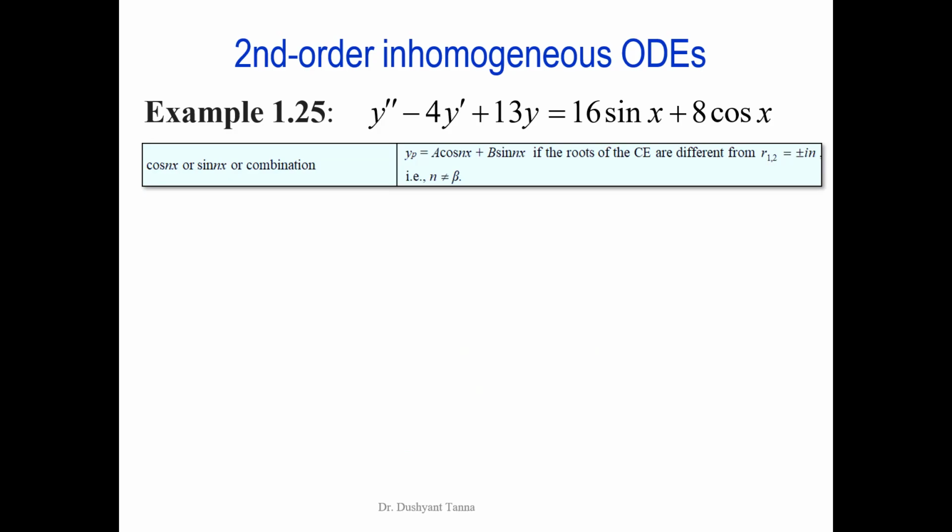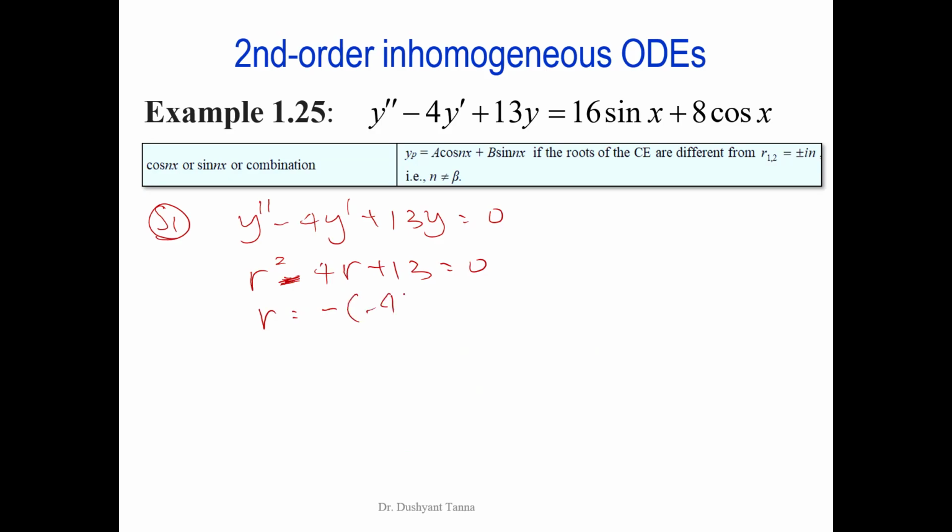Step 1: y double dash minus 4y dash plus 13y is 0. The characteristic equation is r squared minus 4r plus 13 is 0. As you will see, the discriminant is less than 0. So r will be minus b plus or minus the square root of b squared minus 4ac, that's 16 minus 4 times 1 times 13, over 2 times 1.